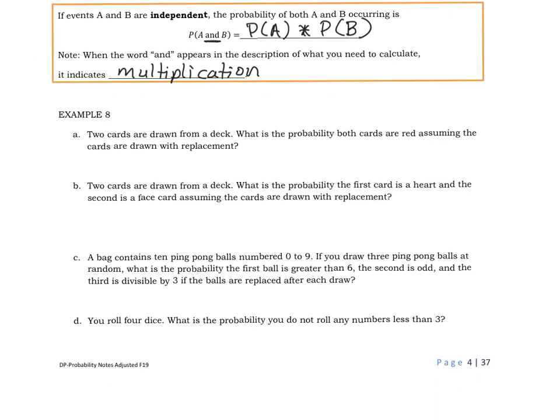All right, example 8. 2 cards are drawn from a deck. What is the probability that both cards are red, assuming the cards are drawn with replacement? Well, as you see here, there's no and anywhere. So we're looking for the probability that you drew a red, and I'm being a little bit wordy here, and then another red.